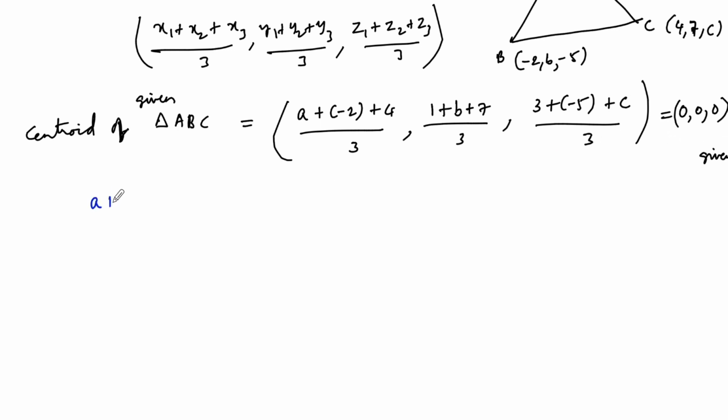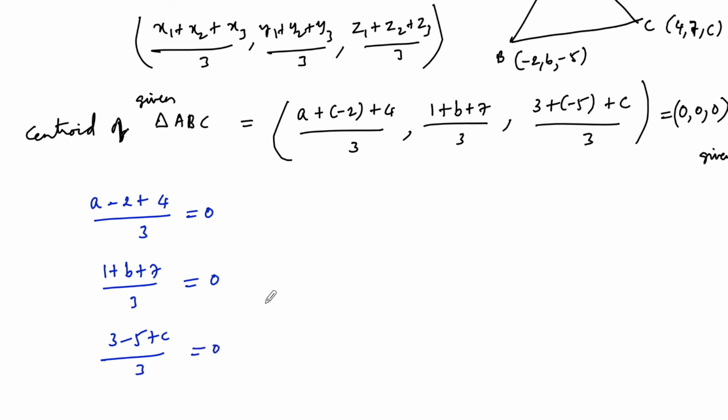So we can write (a minus 2 plus 4) upon 3 is equal to 0, (1 plus b plus 7) upon 3 is equal to 0, (3 minus 5 plus c) upon 3 is equal to 0.